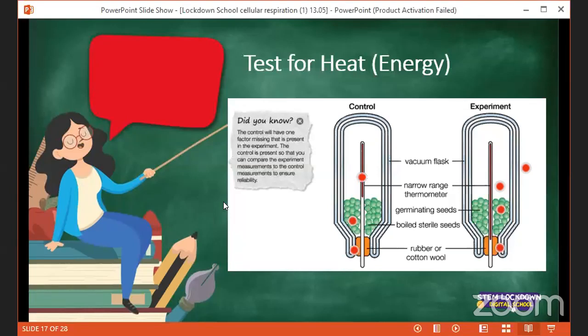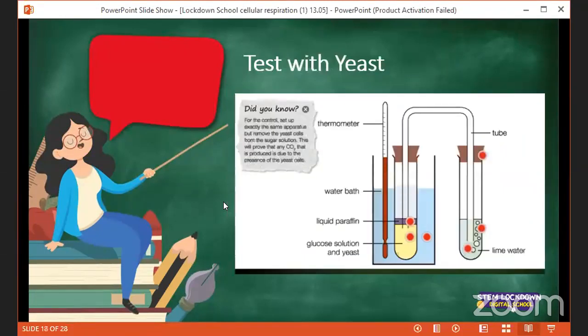Remember we said that yeast undergoes anaerobic respiration. It's a type of setup we would have if we are testing whether anaerobic respiration really takes place in yeast. It says, for the control, set up exactly the same apparatus, but remove the yeast cells from the sugar solution. This will prove the presence of the yeast cells.